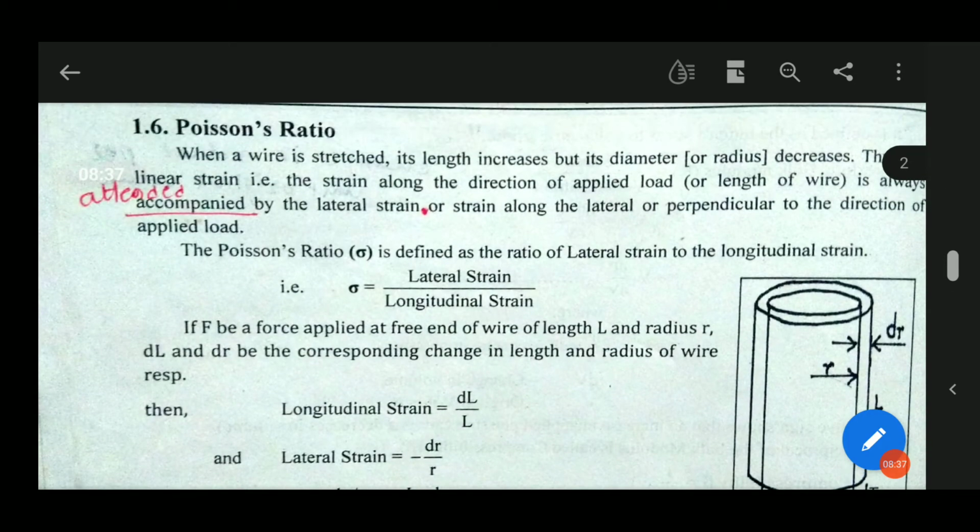Okay, I repeat it once again. First of all, what is Poisson's ratio? Poisson's ratio is defined as the ratio of lateral strain to the longitudinal strain, so sigma is equal to lateral strain upon longitudinal strain.